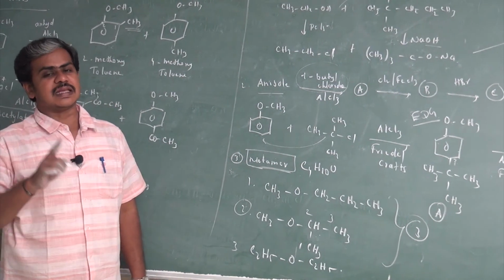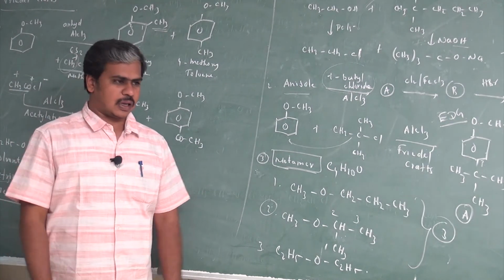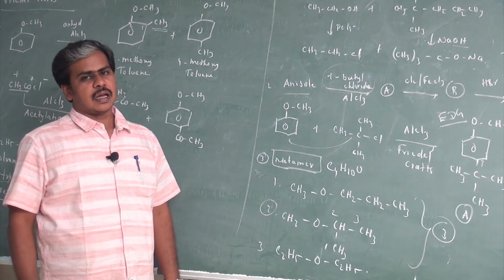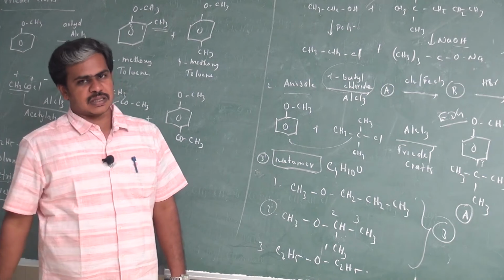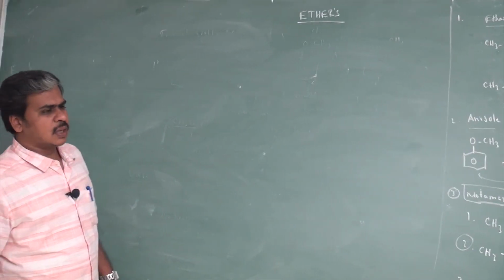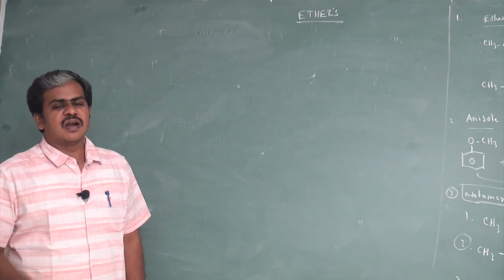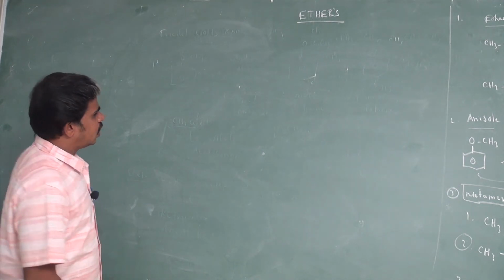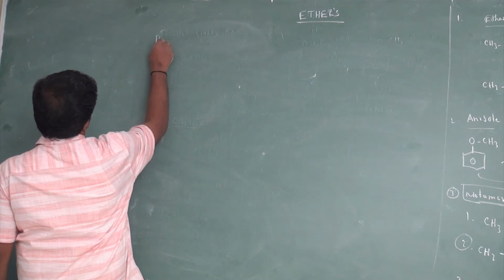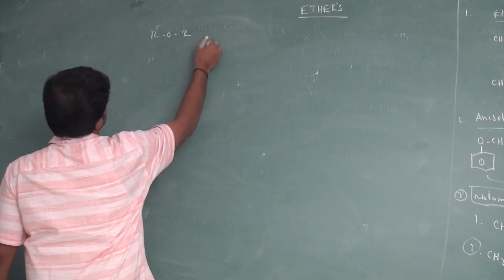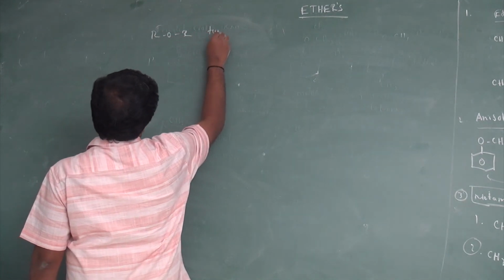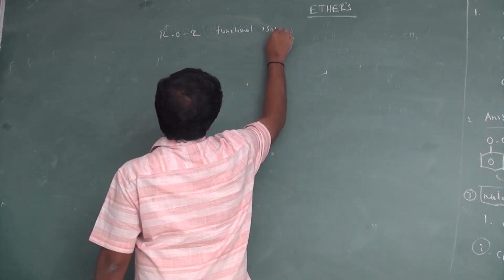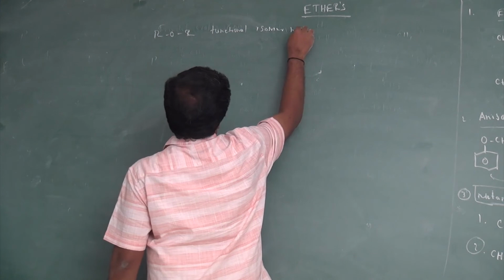Then one more, here it is an ether. Ether is a functional isomer with alcohol. So for the same molecular formula C4H10O, alcohol isomers are possible. What do you mean by metamers? That is different attachment of alkyl group that leads to metamers. Now ethers are functional isomers with alcohol.